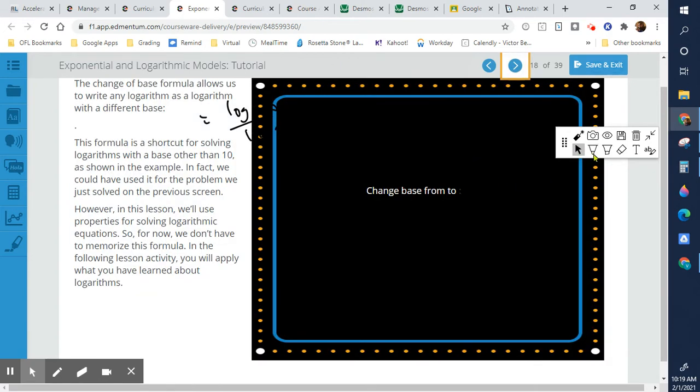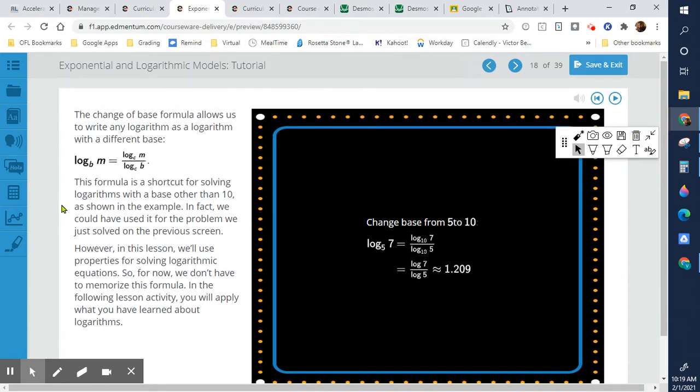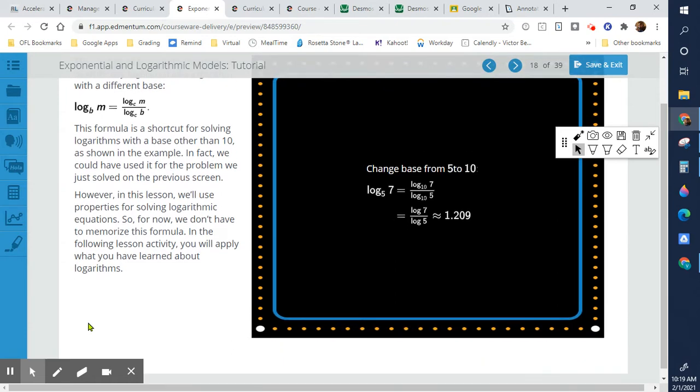All right. So moving on to the next one, the change of base allows us to write any logarithm as a logarithm of any other base. So what this says is we can just change anything. It doesn't just have to be log base 10. We can do it by anything. And they're showing it here with the log base 10.